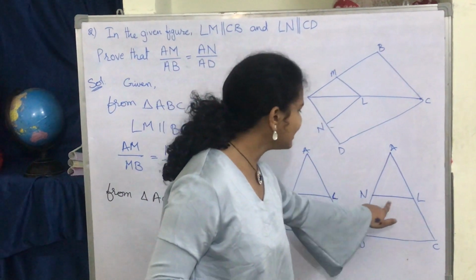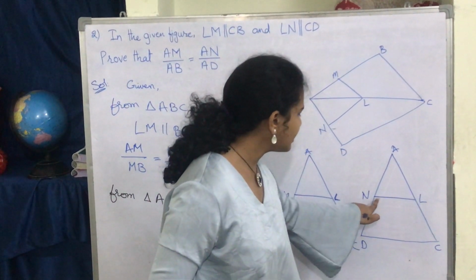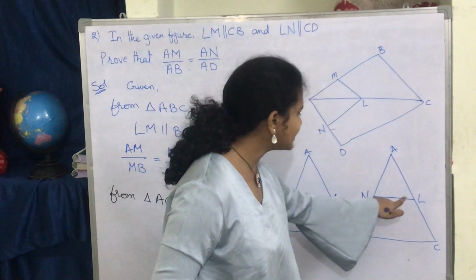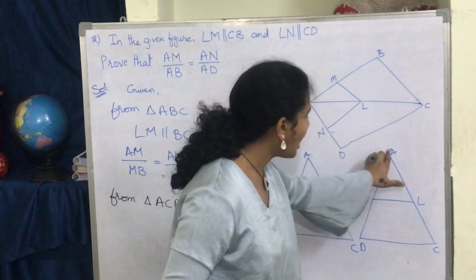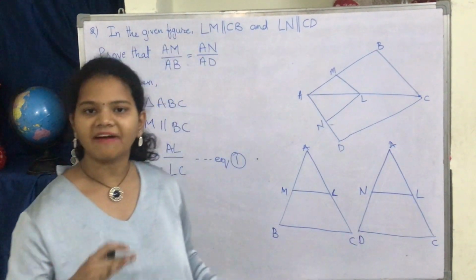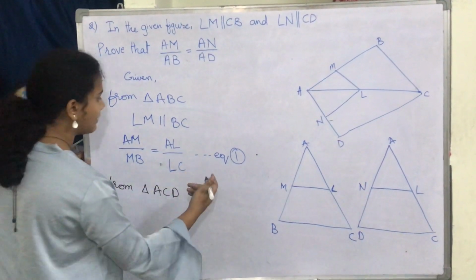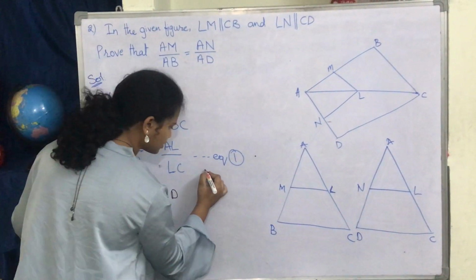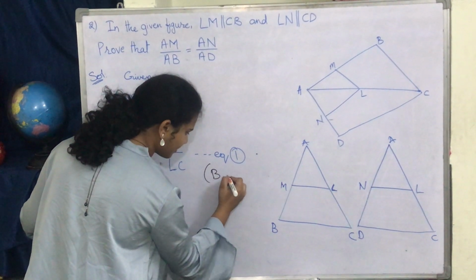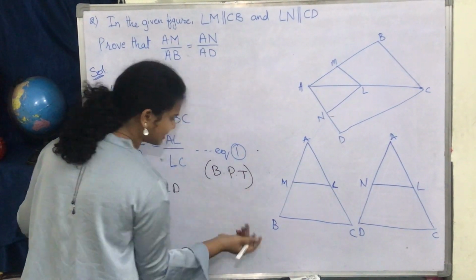Thus this line is parallel in the triangle and intersects two sides at distinct points, so the other two sides are divided in the same ratio by BPT theorem again, the basic proportionality theorem or Thales theorem.